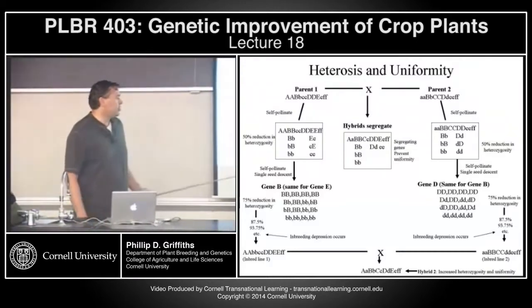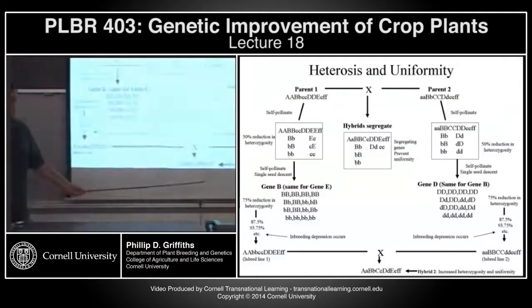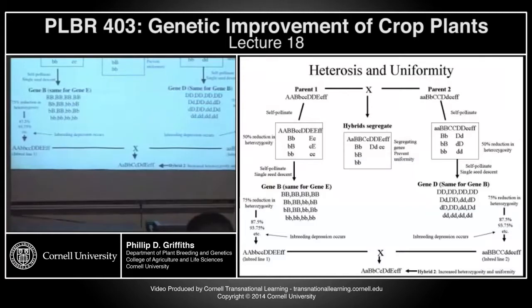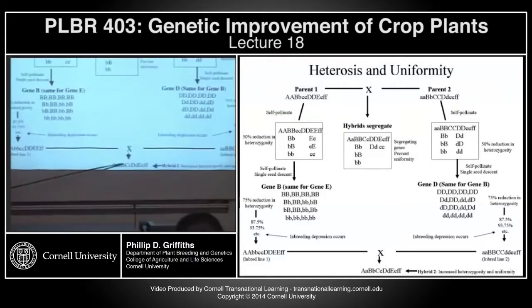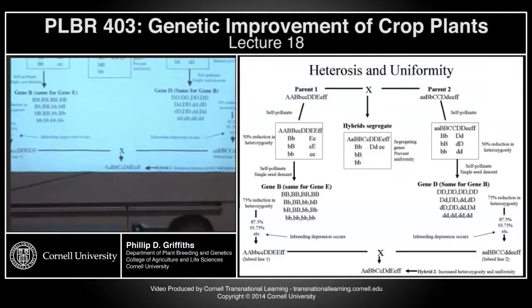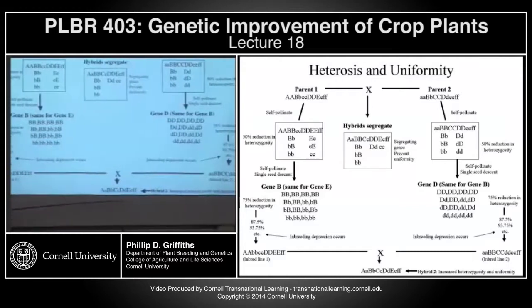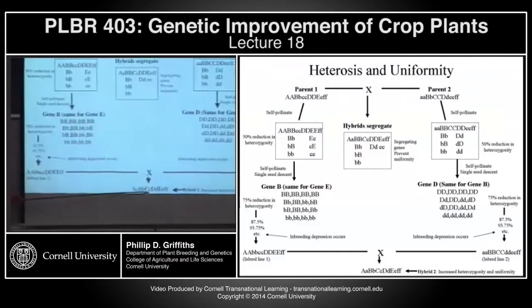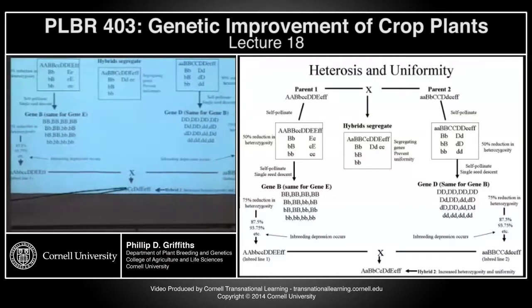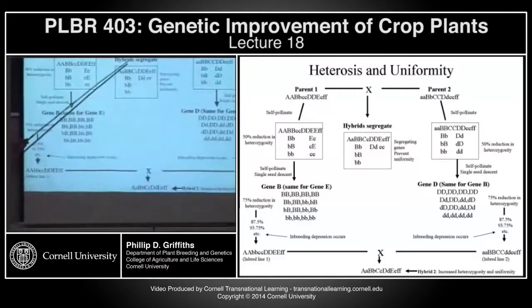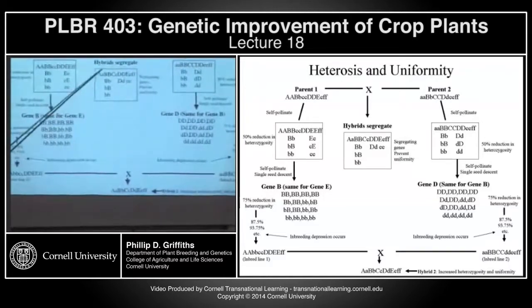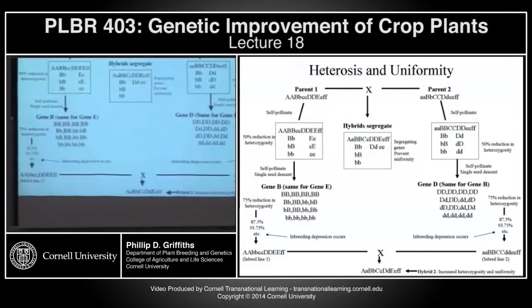So now when we cross these 2 inbreds to create an F1 hybrid for commercial production, we not only uncover a lot of heterozygosity caused by the differences between the 2 inbreds, but every F1 hybrid now is almost exactly the same genetically, even though it has a large number of heterozygous genes, which would not be the case here, where you have significant segregation if you have not selected inbreds for a number of generations.